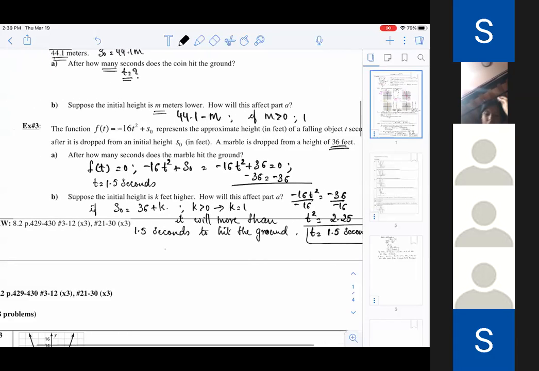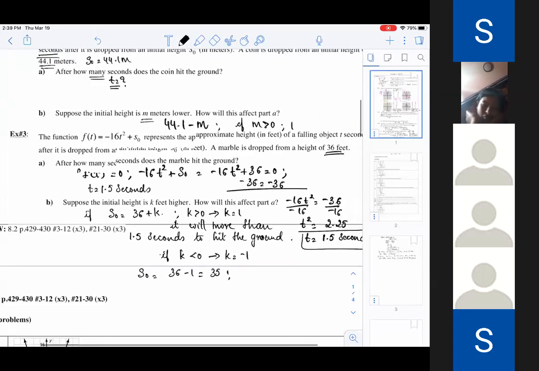Now the next thing is, if k is less than 0, let's say -1, s0 will be 36 minus 1, which is 35. So what do you think it will take? Less time.